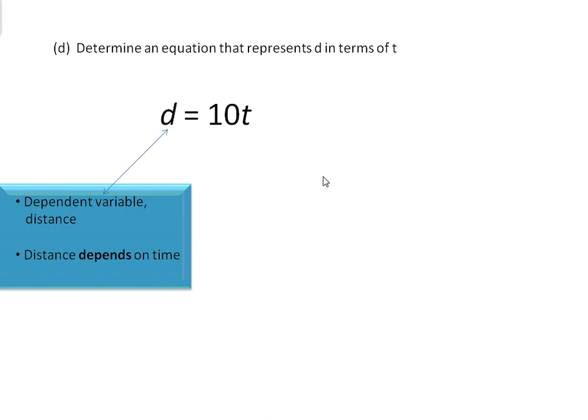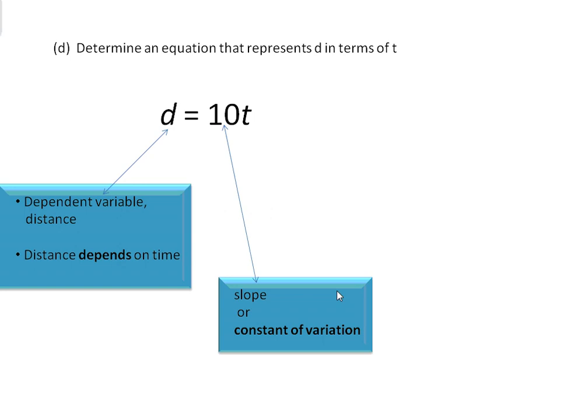So d is our dependent variable, distance, because distance depends on time. Whenever we're creating an equation of direct variation, the dependent variable is always the variable to the left. It is always the variable that depends on the independent variable. 10 is our slope, also known as rate of change, and now we're throwing in another term.